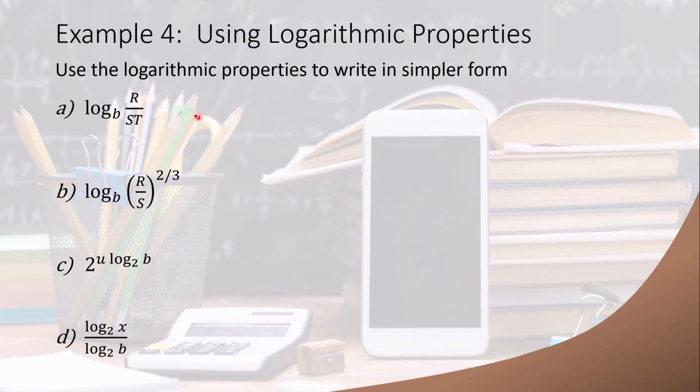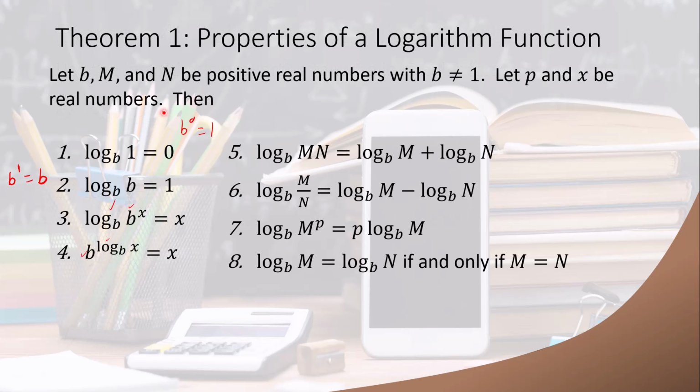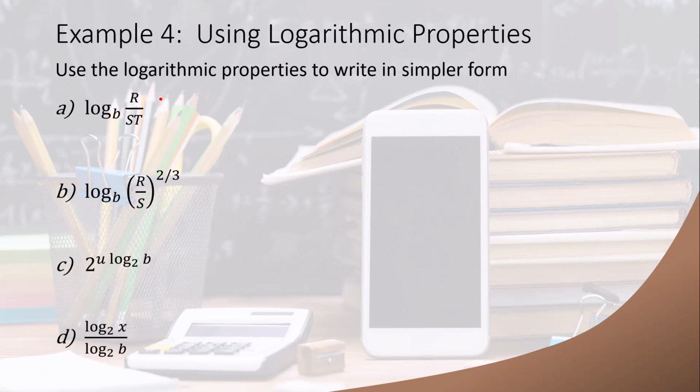Here we want to use the logarithmic properties to write these in a simpler form. Once again, we'll be using these properties right here. The first one requires the use of the product property and the quotient property. Applying the quotient property first, this is equal to the log base b of r minus the log base b of s times t.